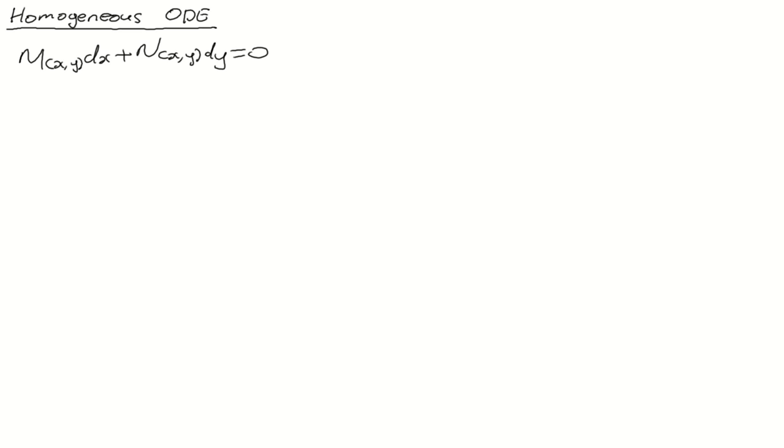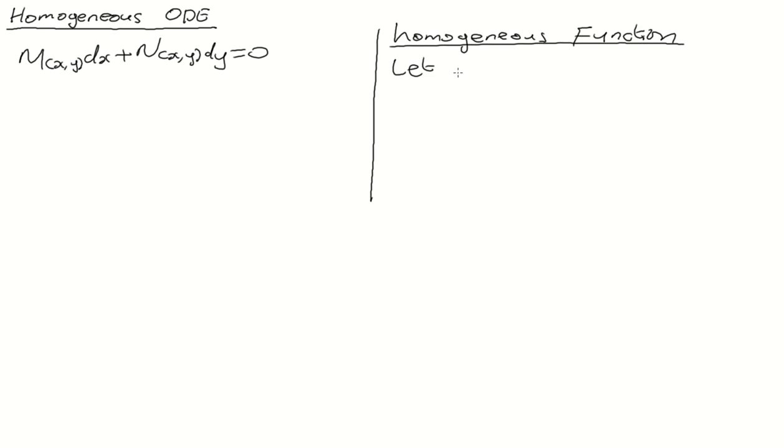Okay, so let me just write a line aside here, and say what is a homogeneous function. Maybe if you can look at that first. Homogeneous function. So how do we tell if a function is homogeneous? So let us say we have our function here.